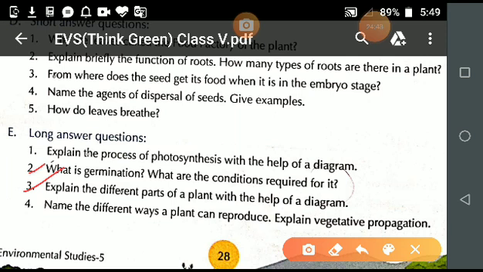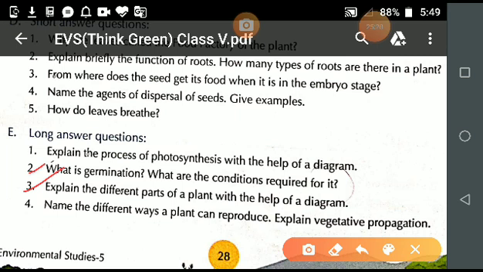Now next part, fruits. What is the role of fruit? All living organisms eat fruits, and inside the fruits what do we have? Seeds. Inside the fruits we have seeds, and from these seeds new plants germinate.